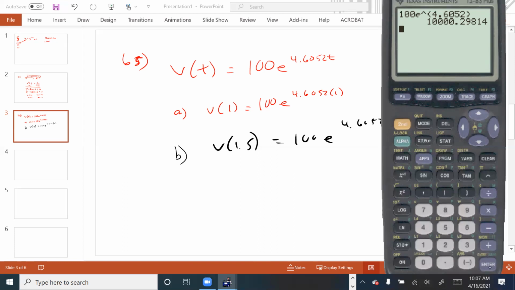You can press second and click it, and it's going to give you the previous entry that you had. If you want the answer, you click the answer button. So this one needs a little bit of work. This is going to be this times 1.5. Notice by multiplying it but still keeping it inside the parenthesis, I get to keep all that in there. I don't have to rewrite everything.